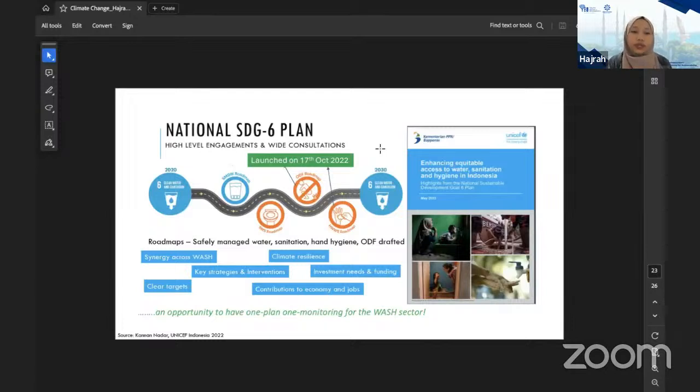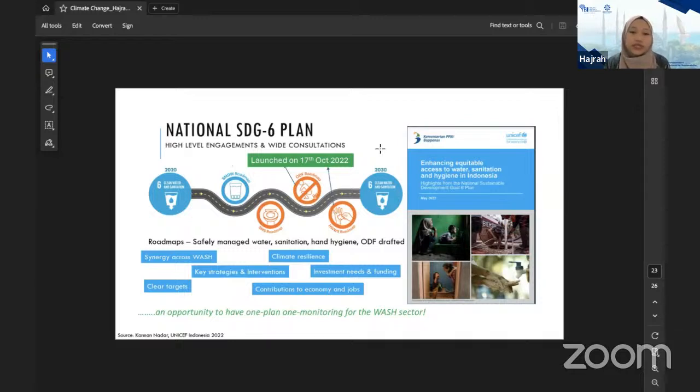We have the roadmaps from 2020 to 2030, like what safely managed drinking water should be done, and from where, and what is the output, what are the outcomes, and what is the target that we need to achieve. And also the other agendas like safely managed sanitation and hand washing with soap, and then we can achieve all the goals by 2030.